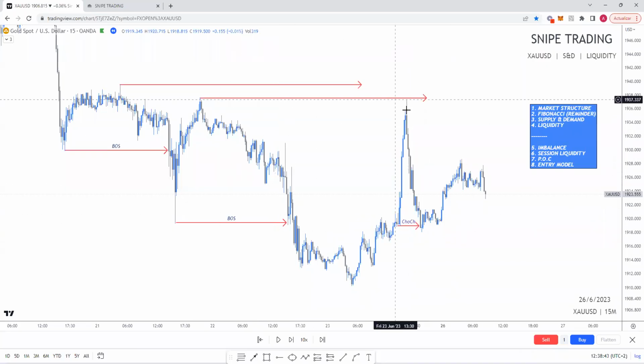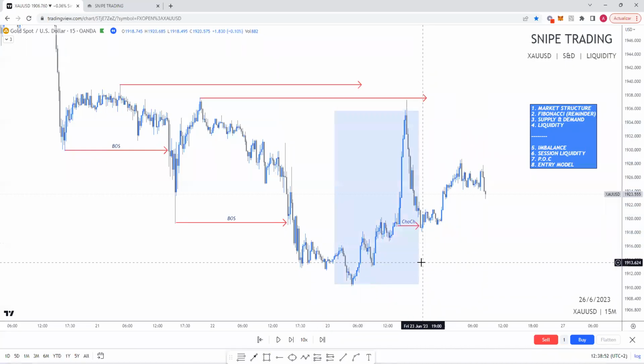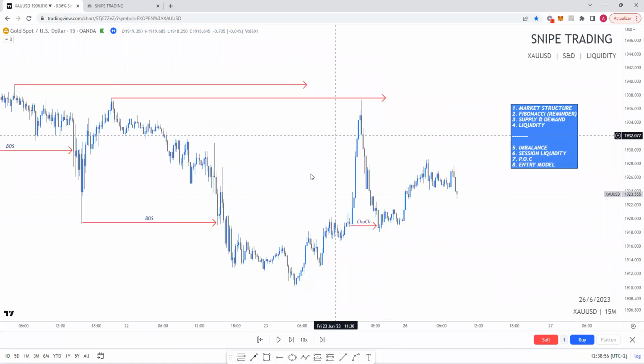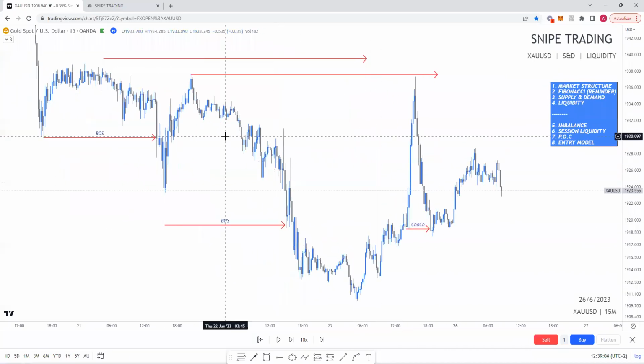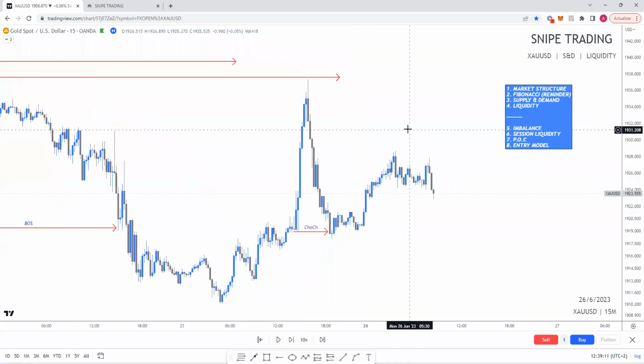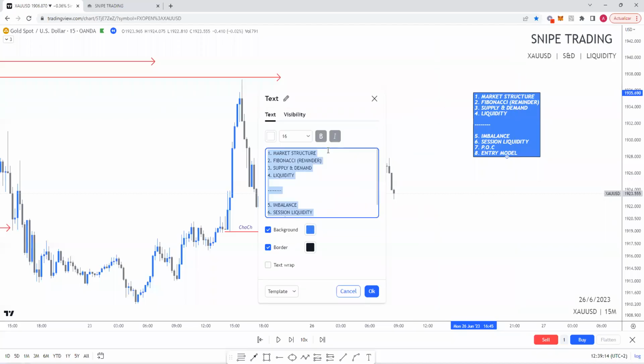And here when price left this high without breaking above, it then created a change of character. It's a change of character considering this trend, or an internal break of structure to the downside. Therefore, this is our market structure, break of structure, and change of character right here, considering this trend. So pretty much we are bearish, okay? We are bearish, so that's the first confluence.